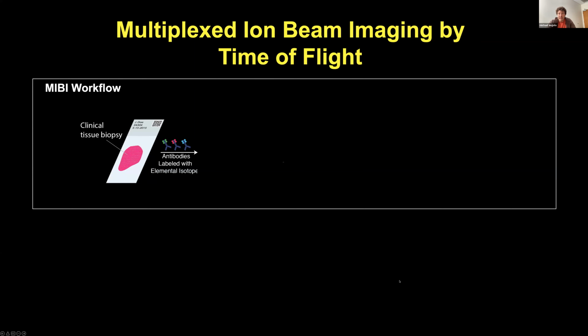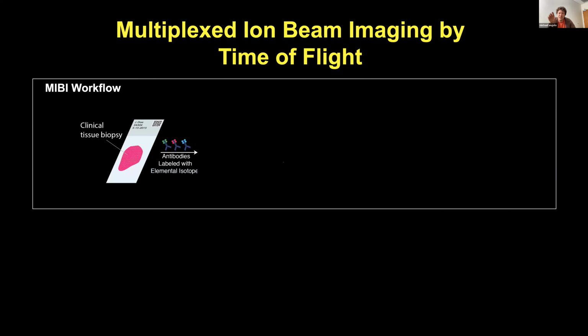So we can select a staining panel to allow us to look at around 35 to 40 different proteins in the tissue at the same time. To do that, for every protein we want to image, we get an antibody that is reactive with that protein. And we tag that antibody with a metal reporter that usually is an isotopically enriched transition metal or rare earth element.